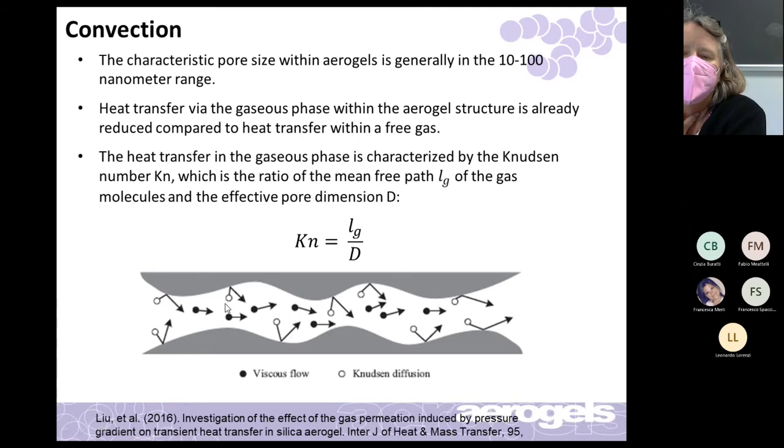The gray would indicate the wall of a channel, and here's the open space, the pores. So in that case, a molecule is more likely to hit a wall than it is another molecule. So transport of heat in that phase involves the gas hitting the solid and that sort of interaction.